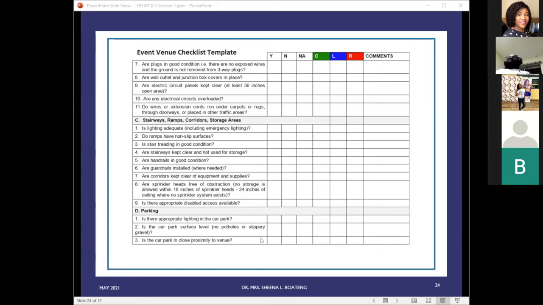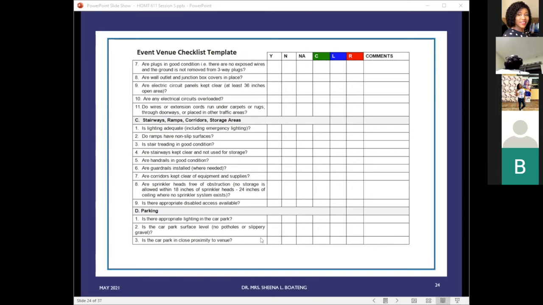Likewise, asking if the stairway is kept clear and it's not used for storage. Also, are the handrails in good condition in case someone with a disability wants to walk up the stairs, or someone that is blind wants to use the handrails?